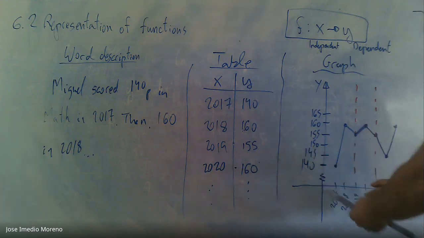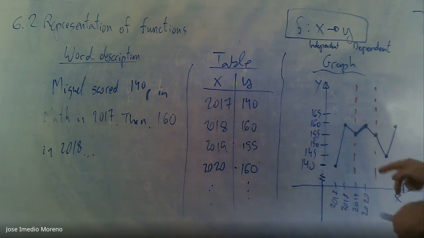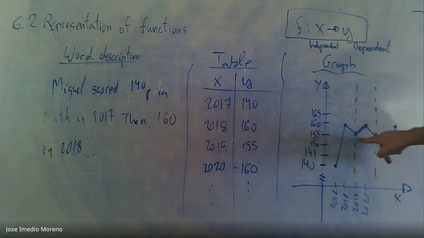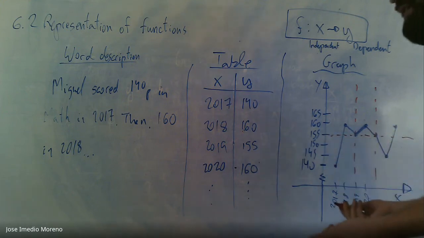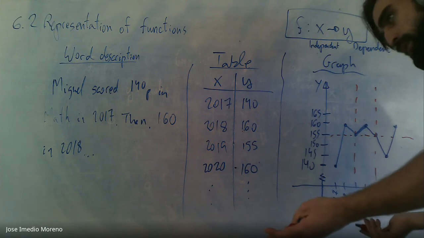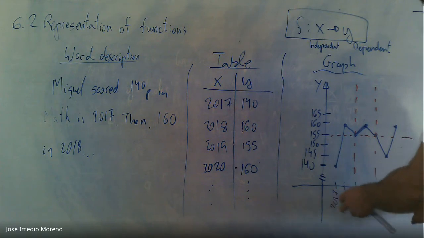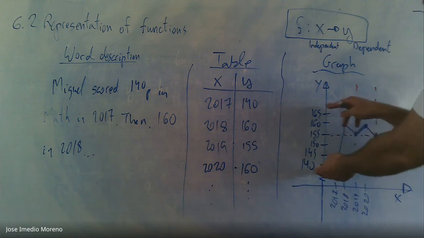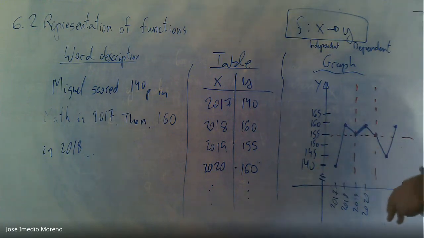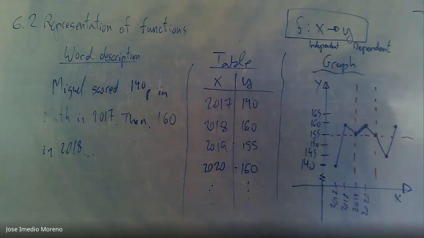That's why I can have one and only one value of y for each value of x, but I can have two values of x for one value of y. I can have the same grade in two different years. That's perfectly possible, but that's because here the x is the independent variable. The years are going by regardless of anything, but my grades depend on the year. So that's it. And these are the three ways in which I can express a function.